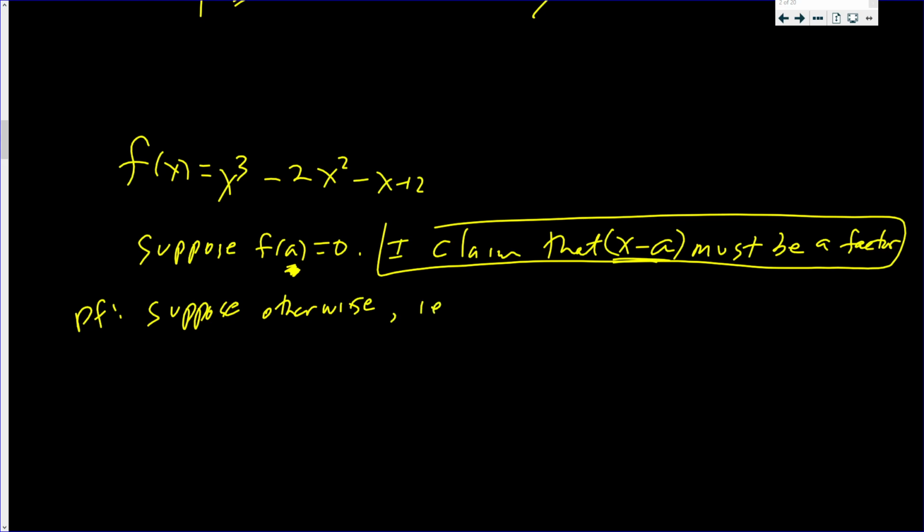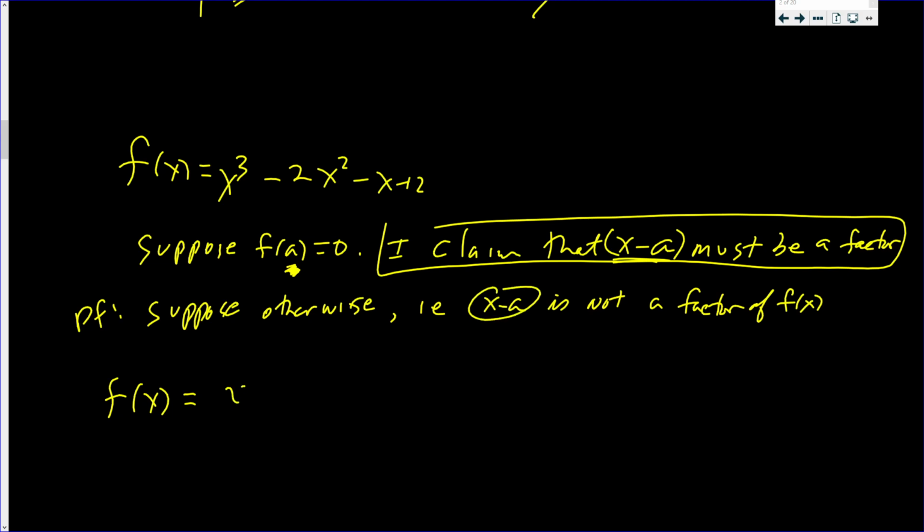Suppose otherwise. That is, x minus a is not a factor of f of x. Okay. So when you factor f of x, if x minus a is not a factor, that means the first factor will be x minus a number different than a.